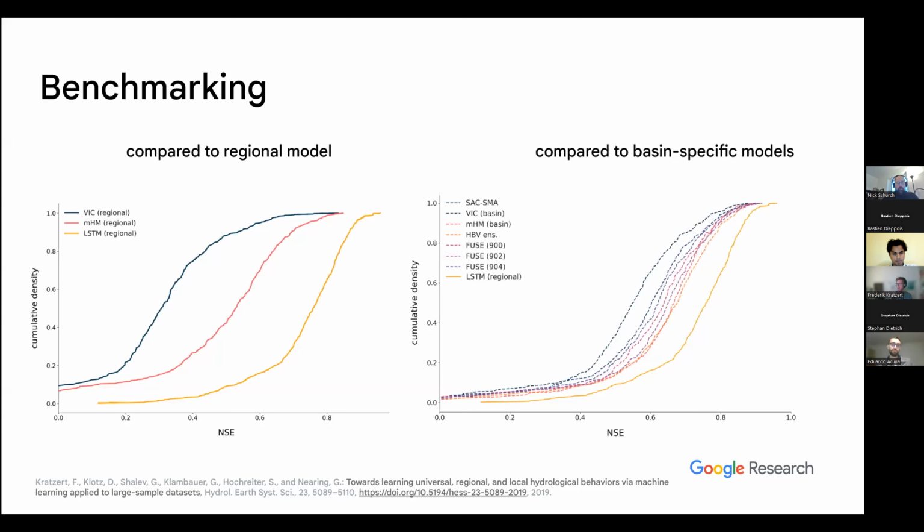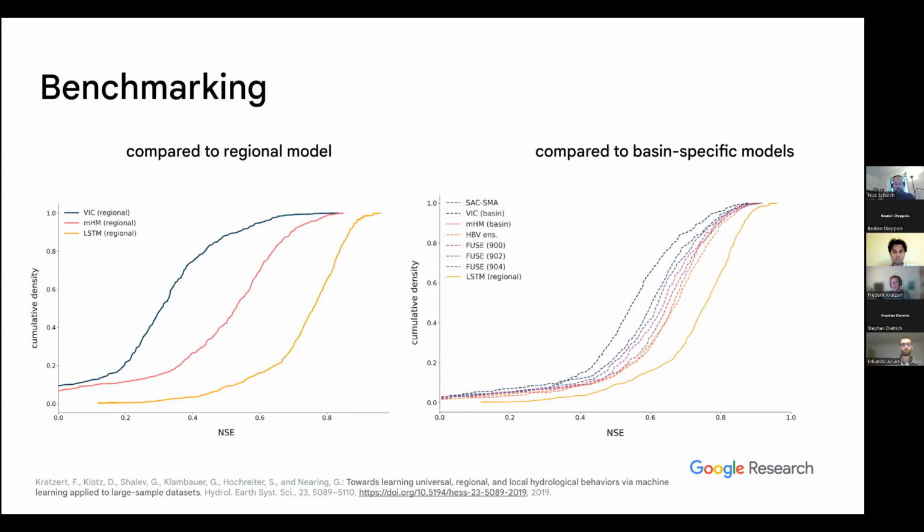In some cases, the HBV model is actually not one model, but an ensemble of 100 calibrated HBV models per catchment, right? So this is in the range of the best we can do with these kinds of hydrology models. And then you have the LSTM, a single LSTM trained on all of these basins together, and it's substantially better than these hydrology models.